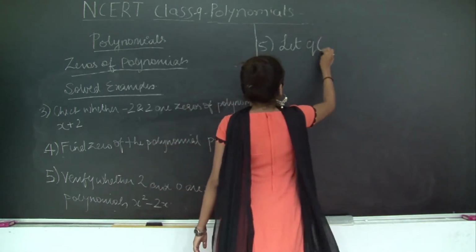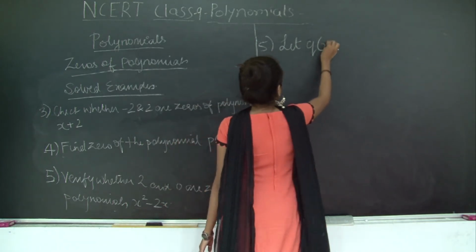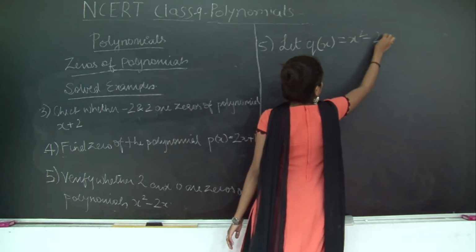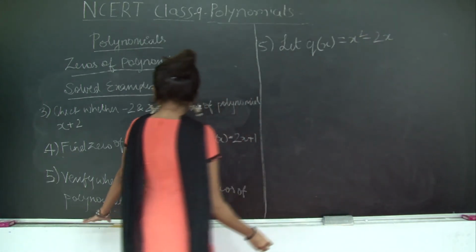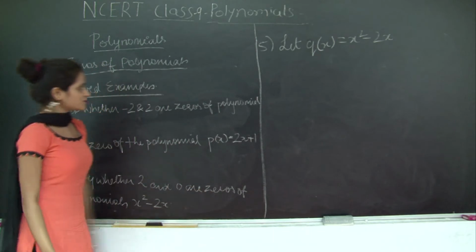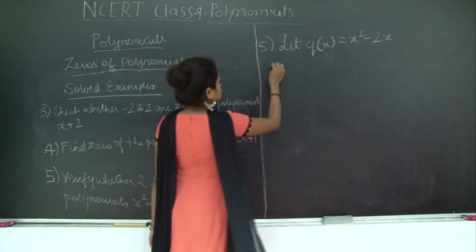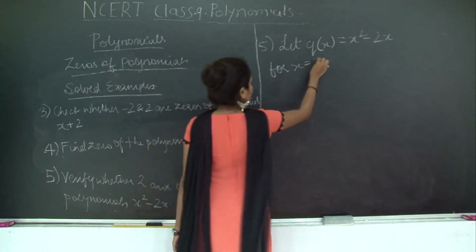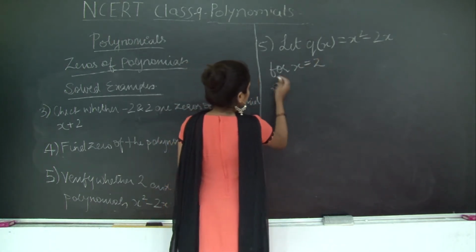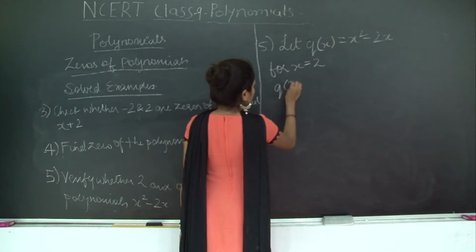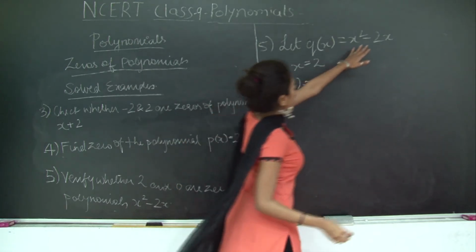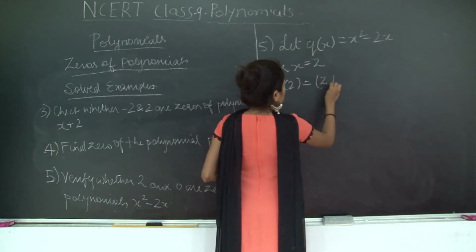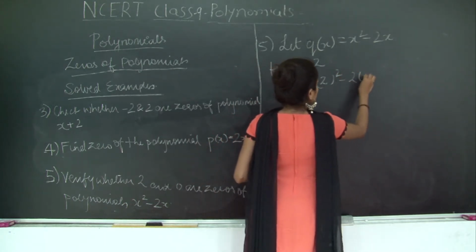So, anyway, I will proceed with the sum. q(x) is equal to x square minus 2x. Now we need to verify whether 2 and 0 are the zeros of the polynomial. Simply let's substitute x is equal to 2. We get q(2) is equal to 2 square minus 2 into 2.